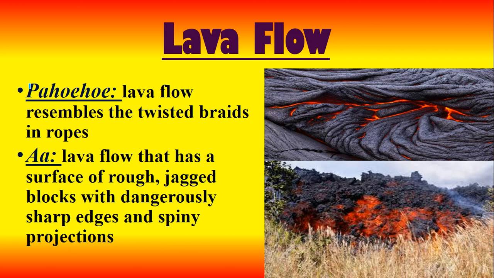You have the pahoehoe, which is how I would say it. This is lava flows that resemble twisted braids and rope. That's what you see in this top picture up here. This is more of a pahoehoe. And the aa is a lava flow that has a surface that is rough, jagged blocks with dangerous sharp edges and spiny projections.